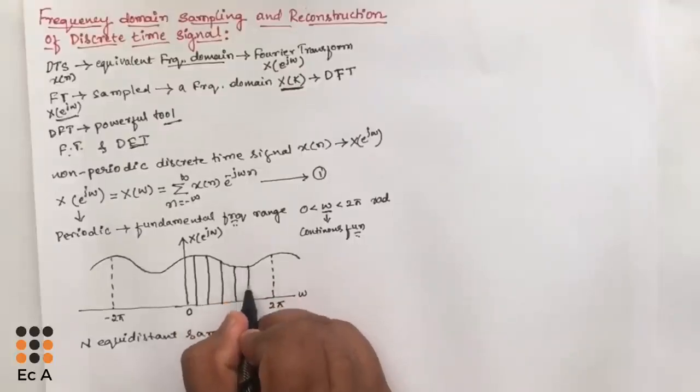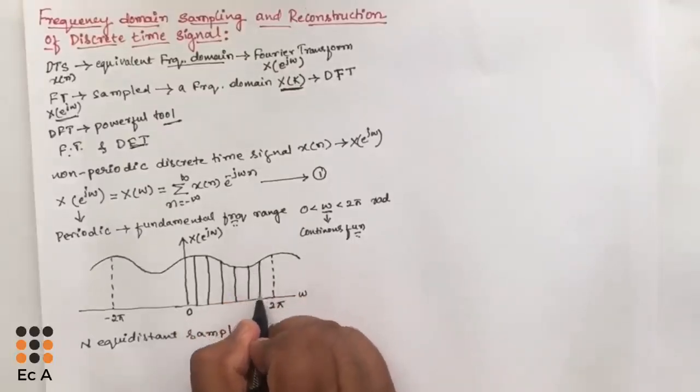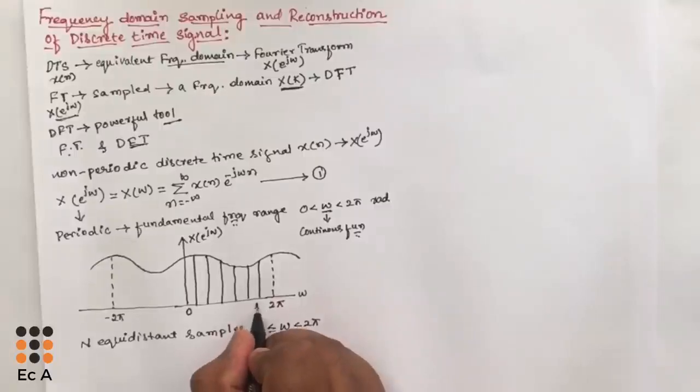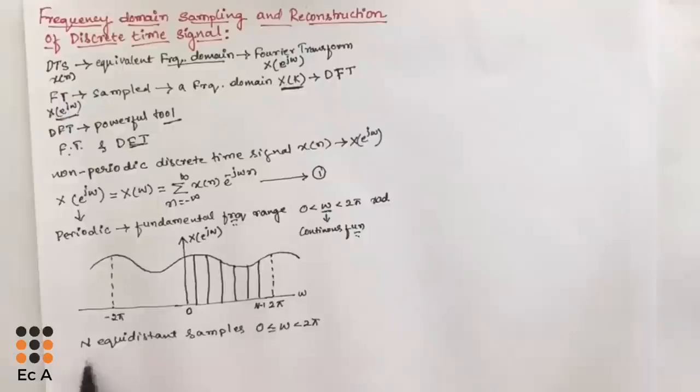Likewise, we'll take the sample up to N minus 1. If you take N samples, we'll write from 0 up to N minus 1. If you start from 1, you can take it as 1 to N. Since we are starting from 0, we'll take up to N minus 1.